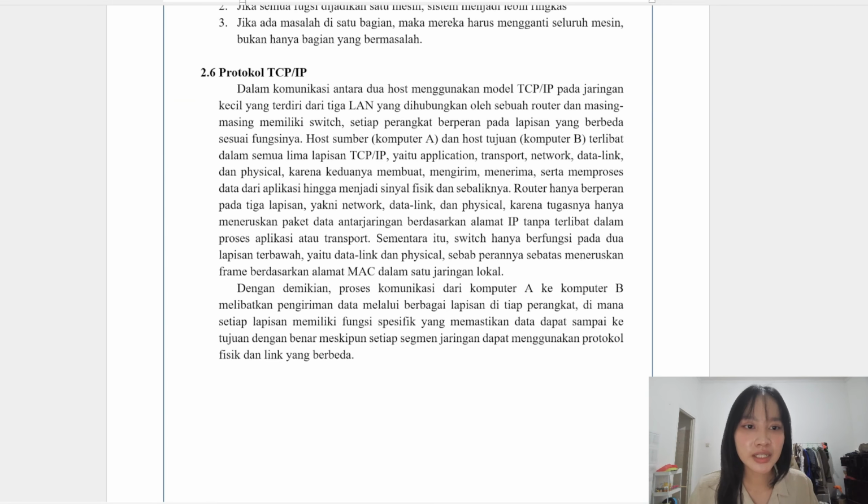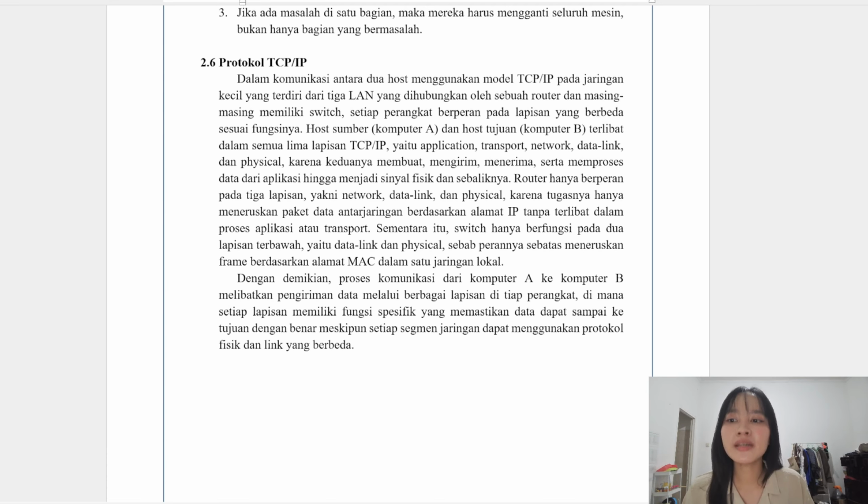And the next material is about the TCP/IP protocol. In communication between two hosts using the TCP/IP model on a small network consisting of three LANs connected by a router and each having a switch, each device plays a role at a different layer according to its function.